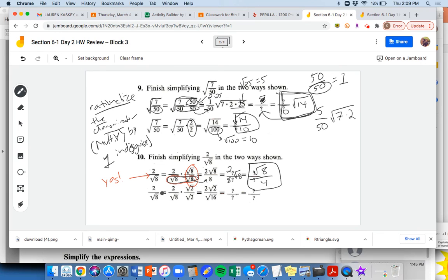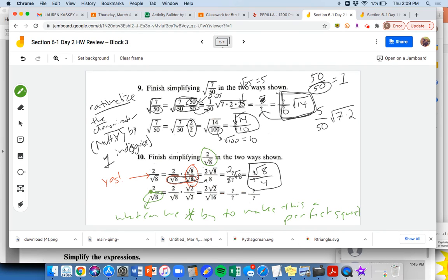All right, last one here. So this is just another way of doing it. Hey, check it out. We're trying to simplify 2 over root 8. And the idea is, what can we multiply by to make this a perfect square?